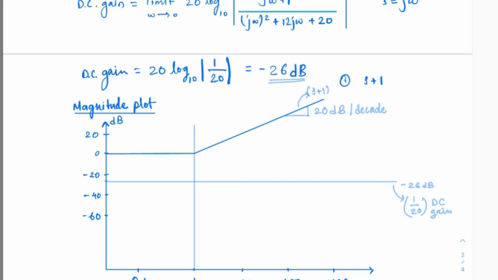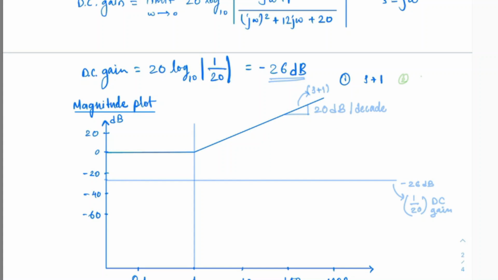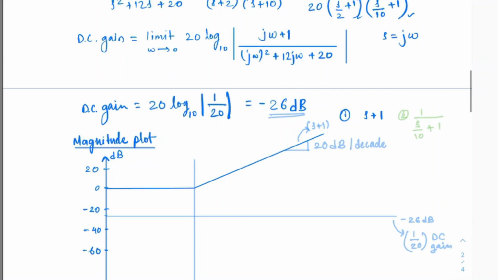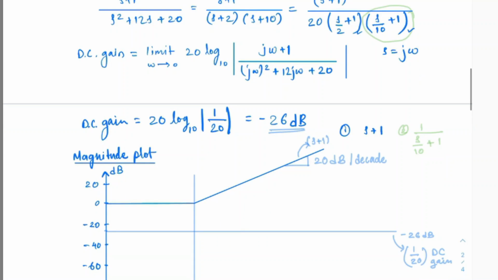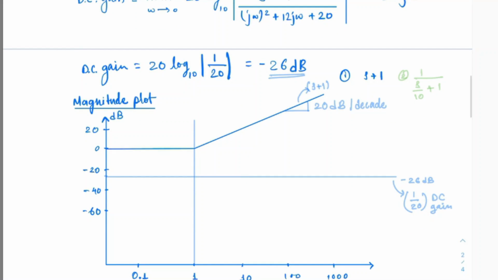The next one would be the component of 1 over s by 10 plus 1. We will be focusing now on this part. Here we have 10 in the denominator, so that means our corner frequency would be 10.